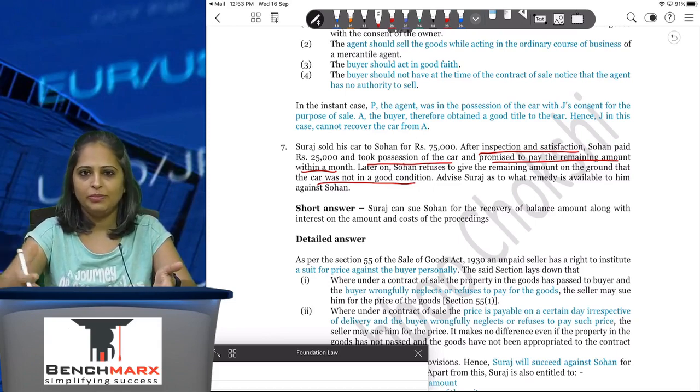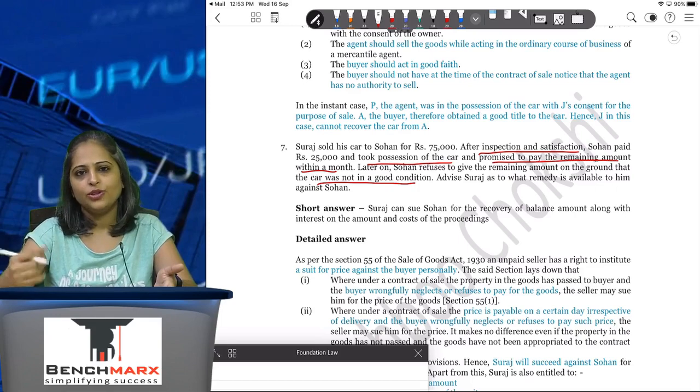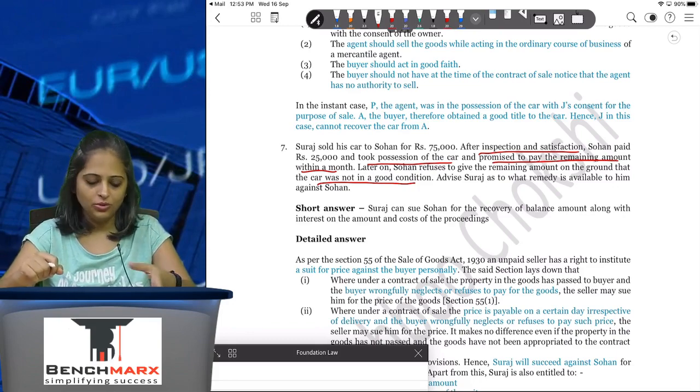So he was supposed to pay, suppose, by 15th of June and he has not yet paid. So from the date the amount is due till the date he actually makes the payment, he can sue him for the recovery of interest on the amount pending on the car, and he can also sue him for recovering the cost of the proceedings which he would incur in order to recover the money which is not being paid to him.